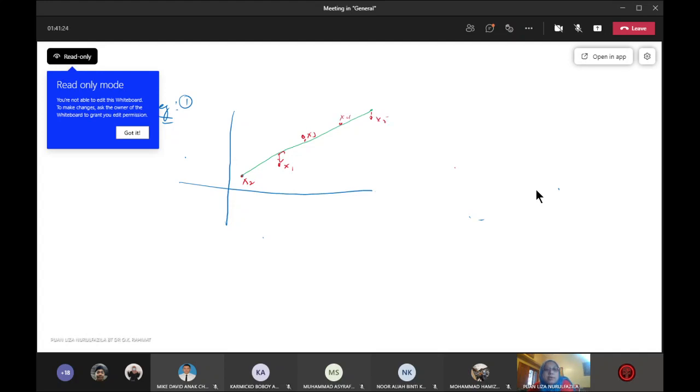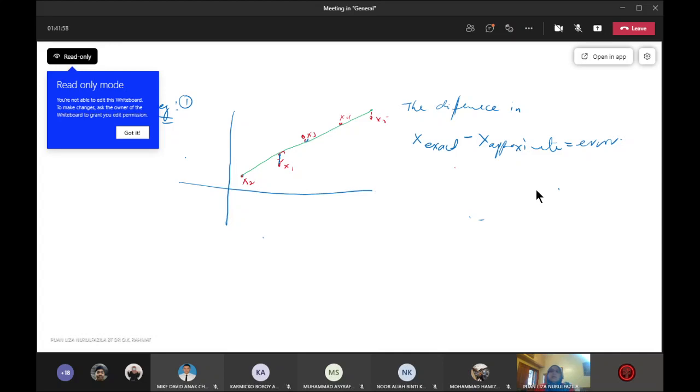But the difference of the reading here, this is the difference, is what you call the error. Okay. X exact minus X approximate. Okay, this is the error.